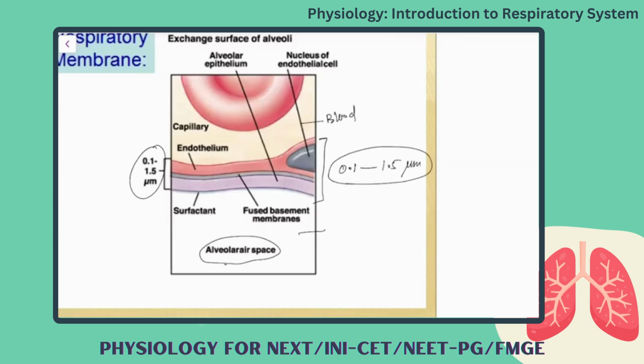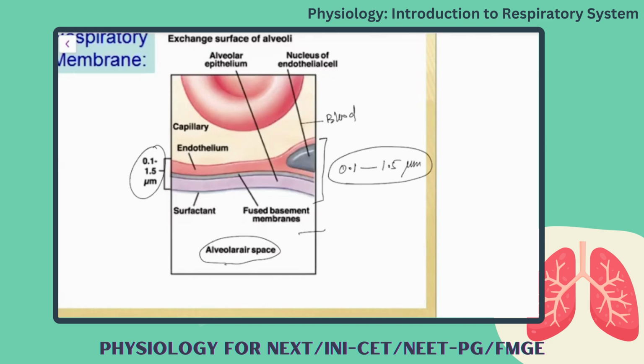If the thickness of the respiratory membrane increases, what will be the rate of diffusion of gases? Increases or decreases? Why? It decreases, correct. Why?